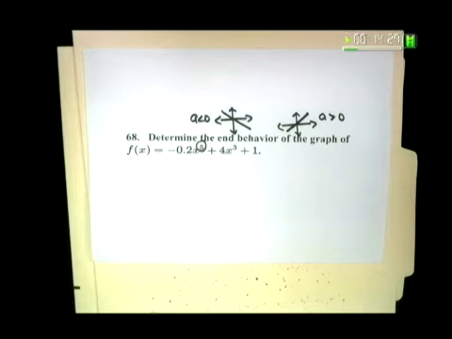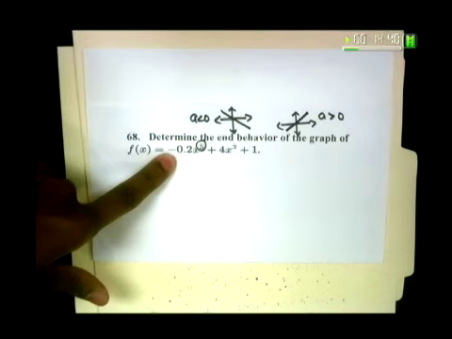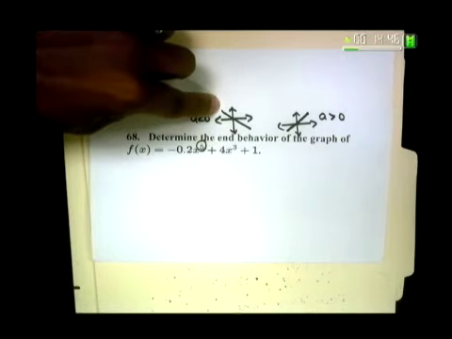The thing that tells me how it behaves at the end is the leading coefficient. The end behavior is different at different ends. When one rises, the other falls for an odd degree. Since the leading coefficient is negative, it behaves like a line that has a negative slope.